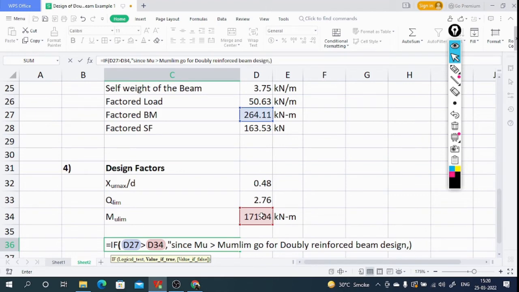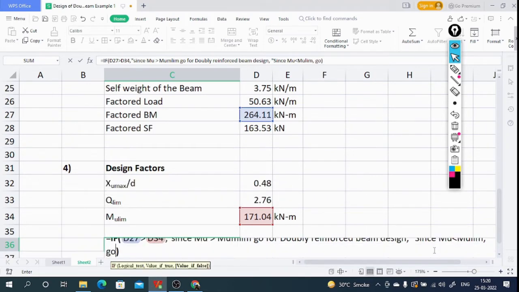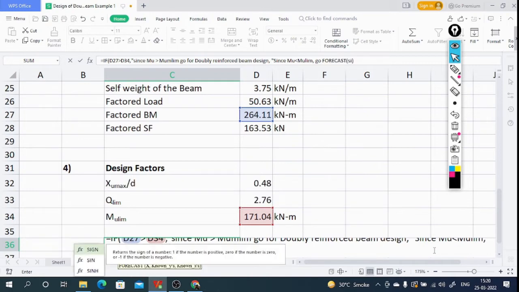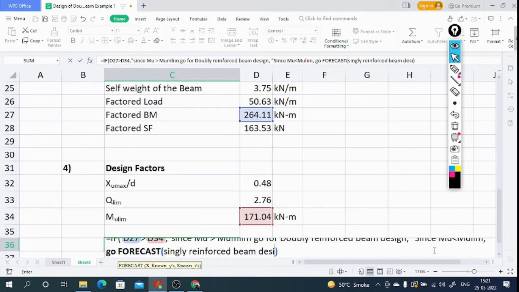okay. Or else, if this condition is not satisfied, then MU will be less than MU lim, then go for singly reinforced beam design.